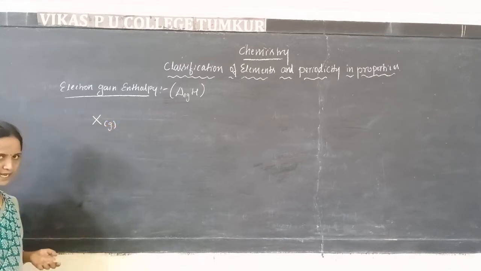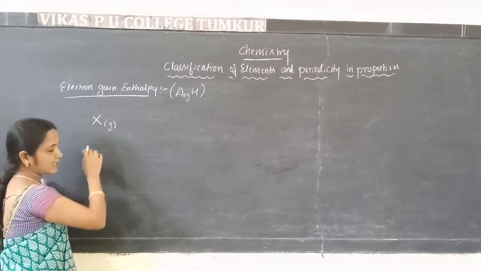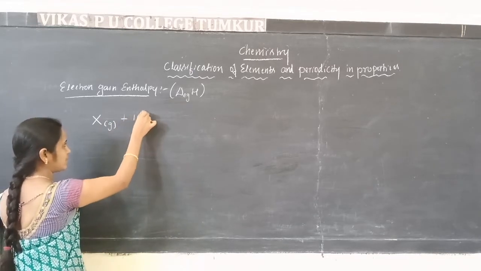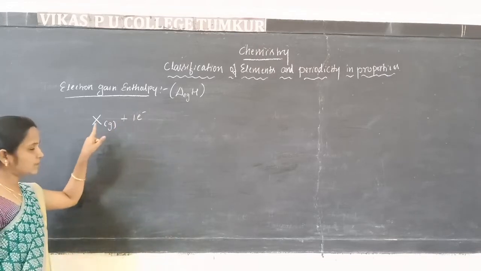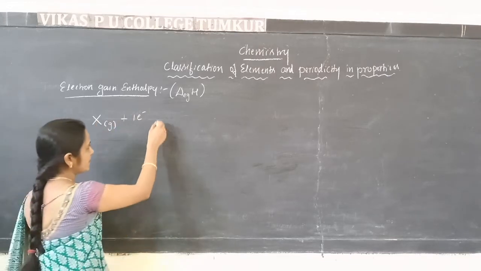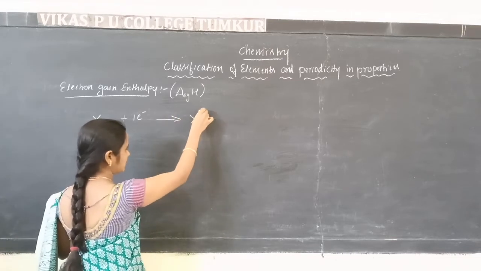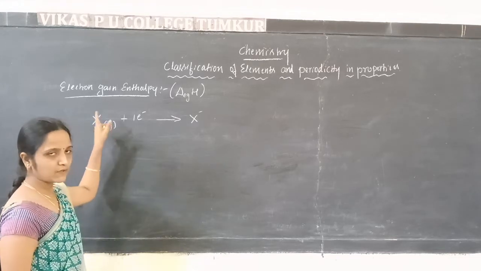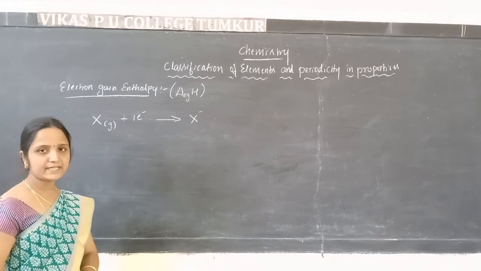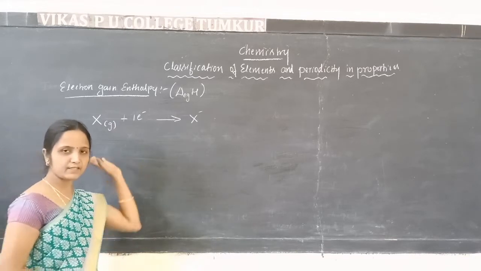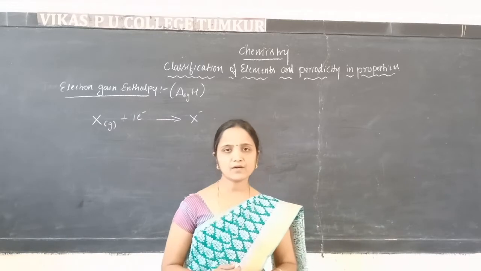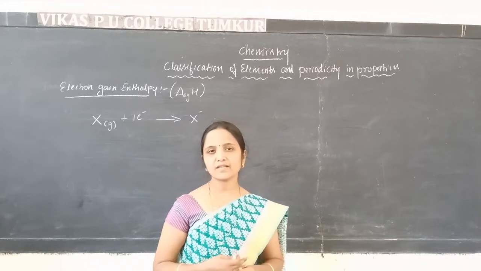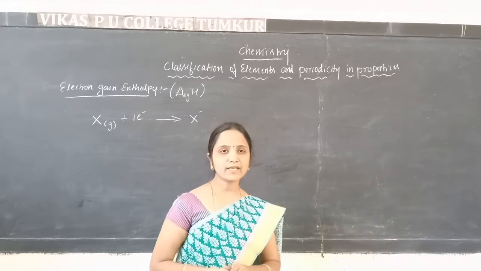The energy released on the addition of an electron to the neutral gaseous atom to form a negative ion, that we call as electron gain enthalpy. Electron gain means we add an electron, and the energy released at that time, we call it electron gain enthalpy.